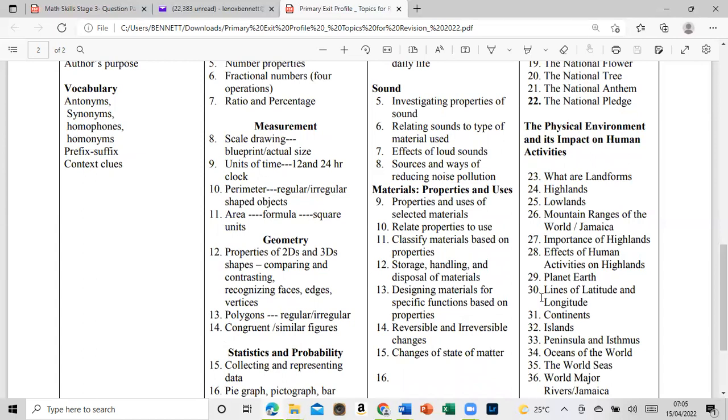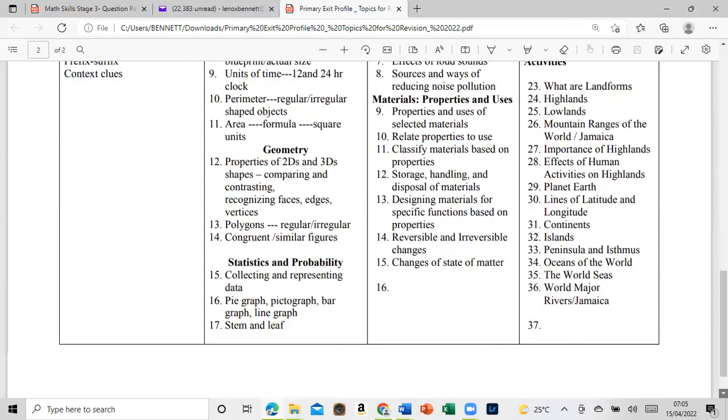So they must be able to differentiate between that. All right. Statistics and probability, and they should be collecting and representing data. So basically, students might be asked to create either a pie chart, a pictograph, a bar graph, a line graph, and the final one is stem and leaf.